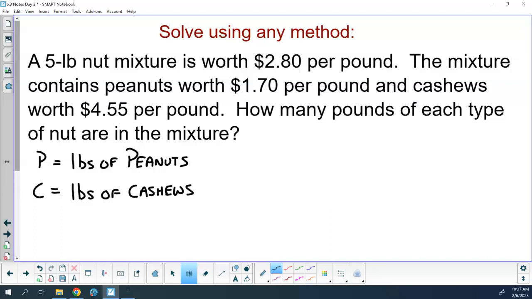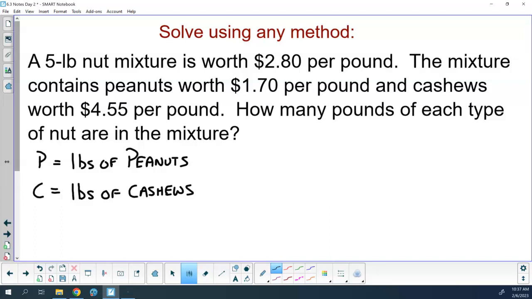Do we agree with that? I do not. 5 pounds, because it's $5 per pound for the bag, right? Okay.